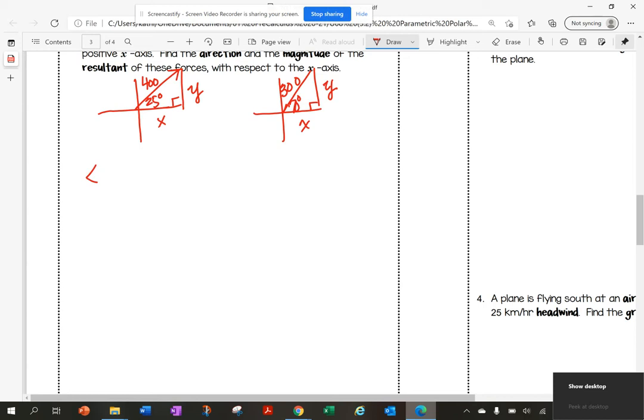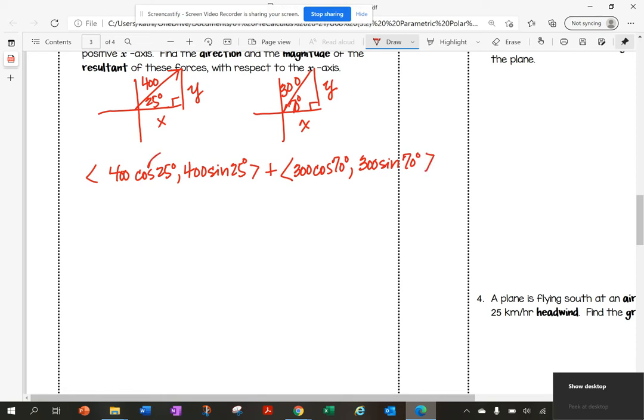So the x coordinate is 400 cosine of 25 degrees. And the y component is 400 times the sine of 25 degrees. And for my second vector, it's going to be 300 times the cosine of 70 degrees and 300 times the sine of 70 degrees.